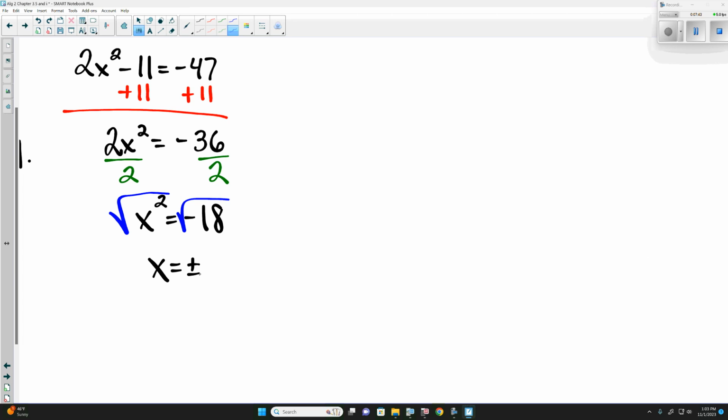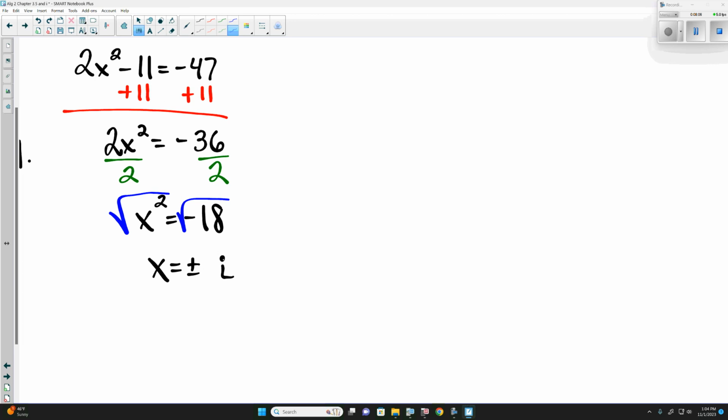Now we do need to take the square root of negative 18. The graphing calculator gives us a decimal because the square root of 18 is not a perfect square. The yellow calculator, the 30XS, will not take the square root of negative 18. It does not like negatives. It won't go fraction either.